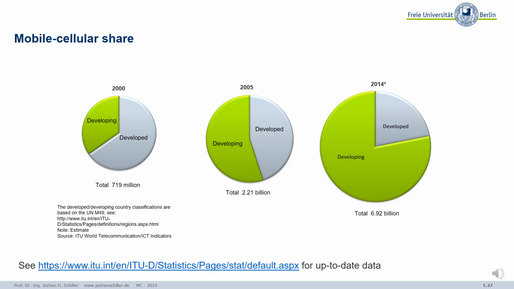Also, when you look at the share, we had in 2000 between the developing countries and the developed countries. So I said, okay, that's a technology only for the rich developed countries. True in 2000, not true anymore. As you see, 2014, developing versus developed countries. So that pretty much flipped. Yes, still, it's almost impossible to afford a full-featured smartphone for most of the people on this planet.